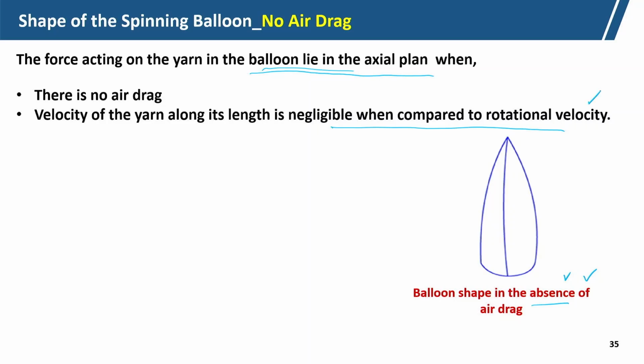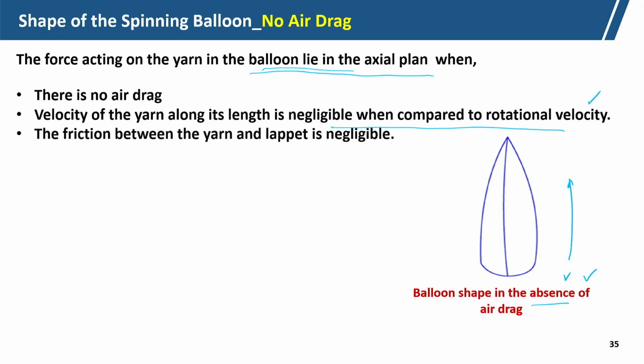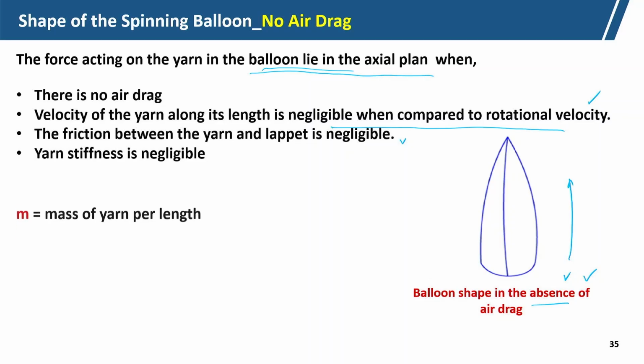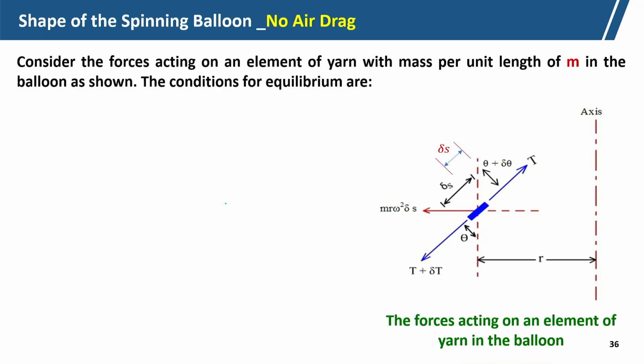So, we are neglecting the velocity of the yarn as compared to the rotational speed; no air drag; the friction between yarn and lappet is negligible. So, there is no disturbance by the lappet. Yarn stiffness is negligible; the yarn is highly flexible, we are assuming. So, mass per unit length of the yarn is m, omega is the angular velocity, T is the tension.